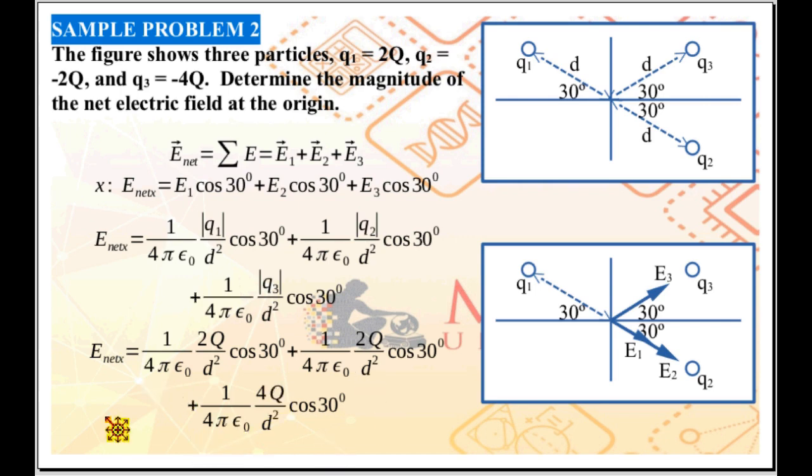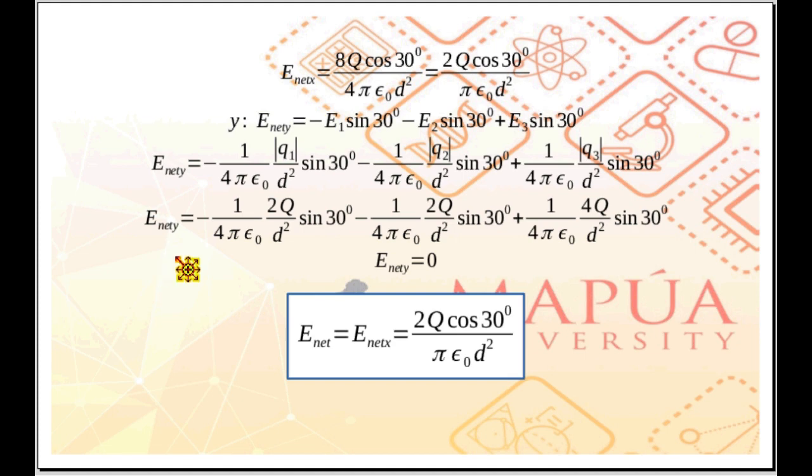Simplifying the equation, we get E net x is equal to 8Q cosine 30 degrees over 4 pi epsilon naught D squared. 8 divided by 4 is 2. So, E net x is equal to 2Q cosine 30 degrees over pi epsilon naught D squared.